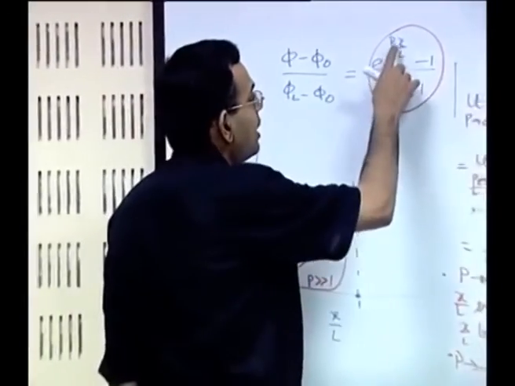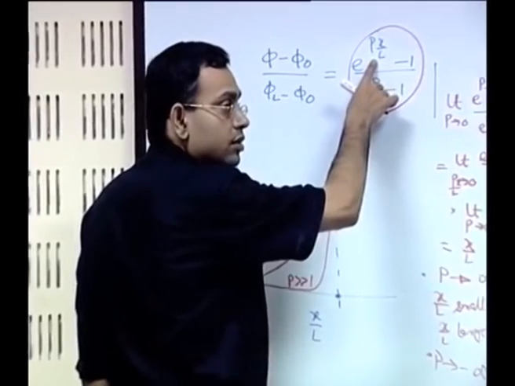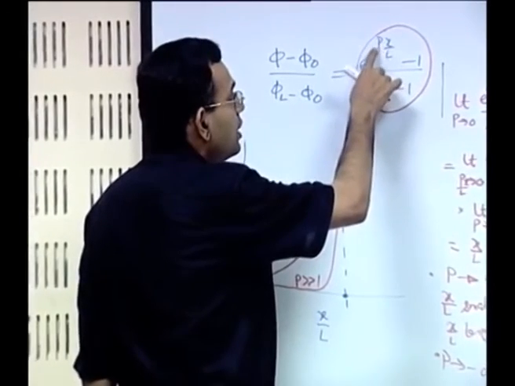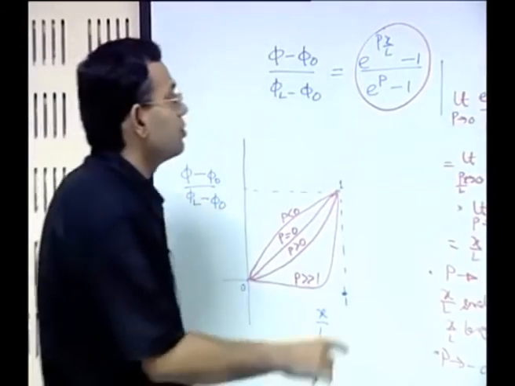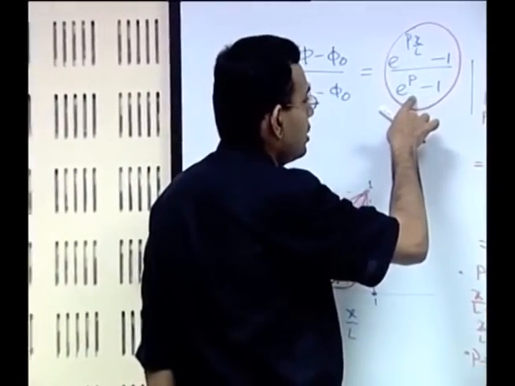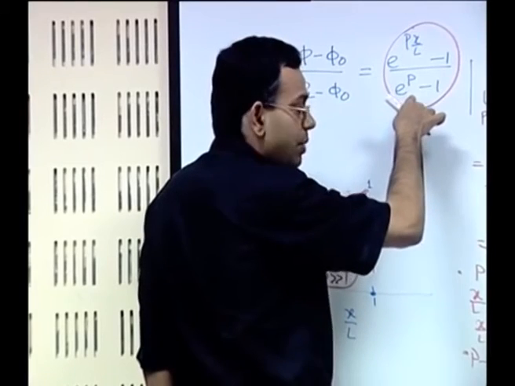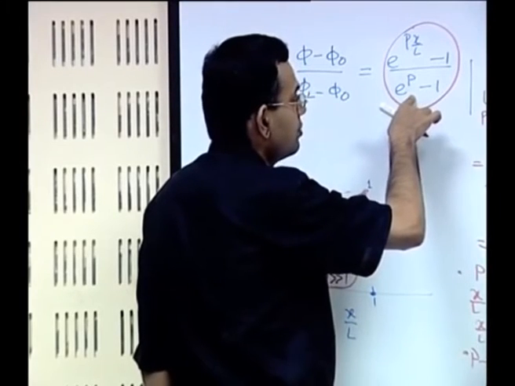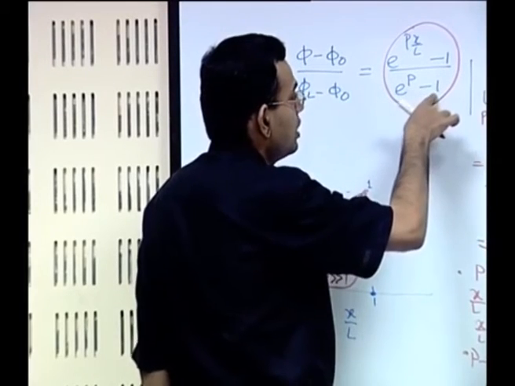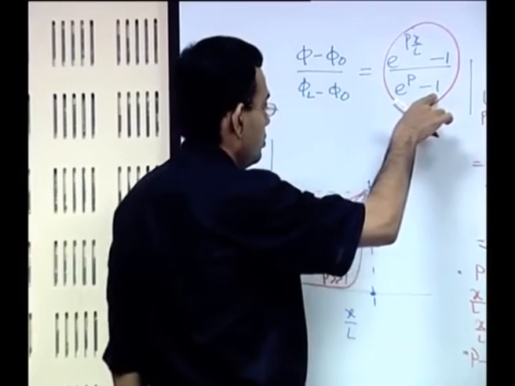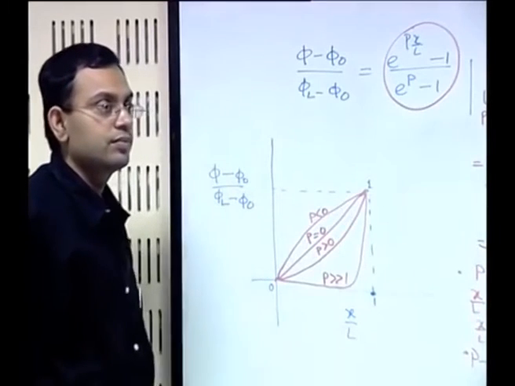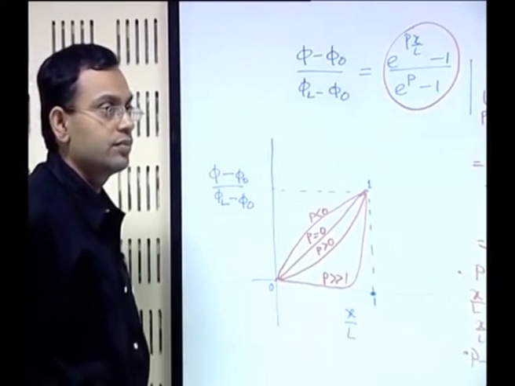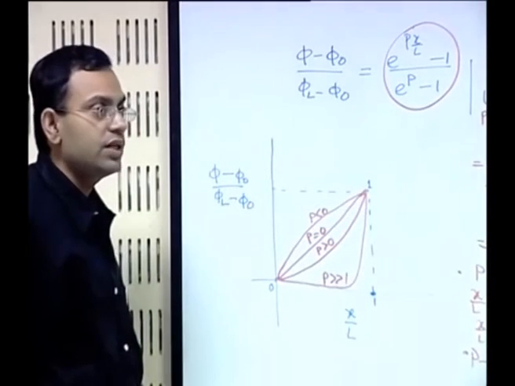For small x by L, the numerator is, okay, first consider the denominator, when Peclet number tends to minus infinity, this tends to minus 1, and numerator, what is the limit of the numerator?